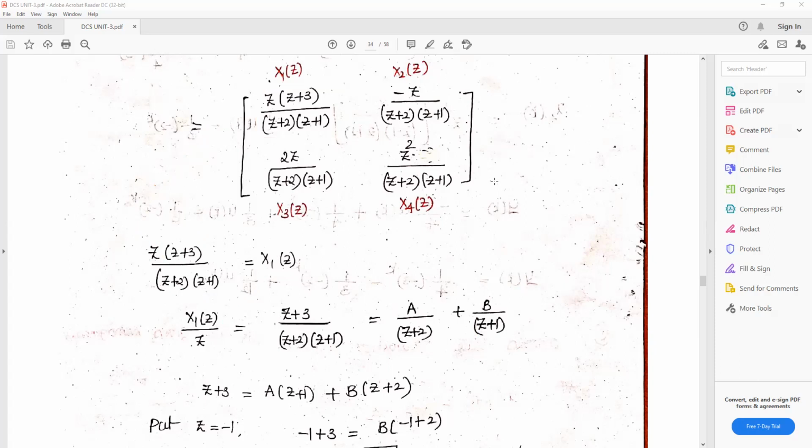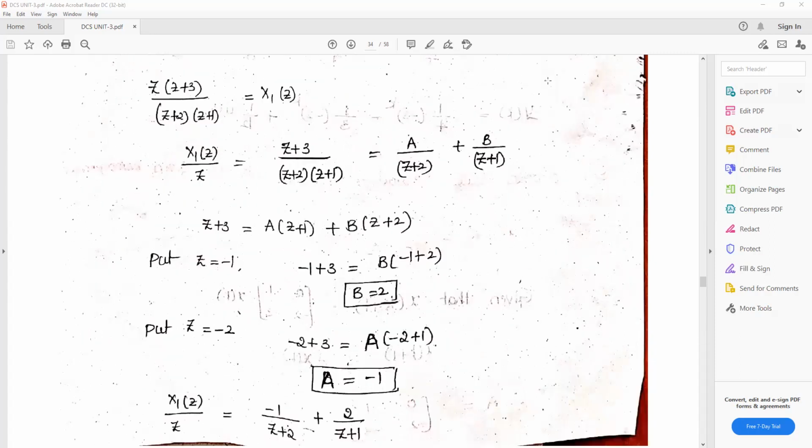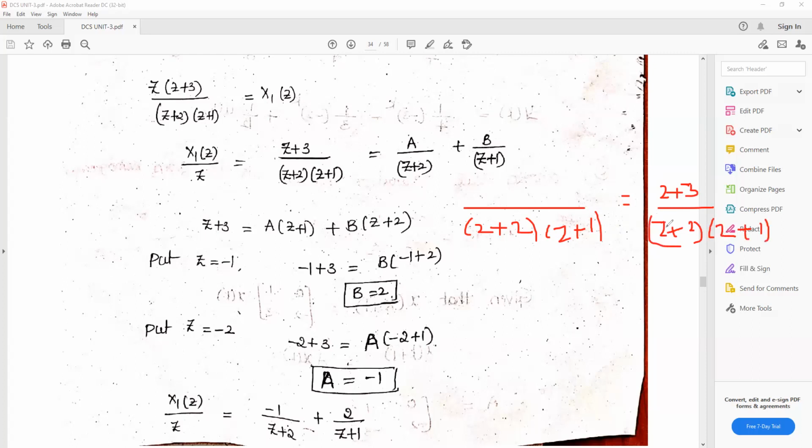Take the LCM of the denominator, (Z plus 2)(Z plus 1), equal to Z plus 3 by (Z plus 2)(Z plus 1). In the two terms, Z plus 2 cancels for A, leaving A into Z plus 1.